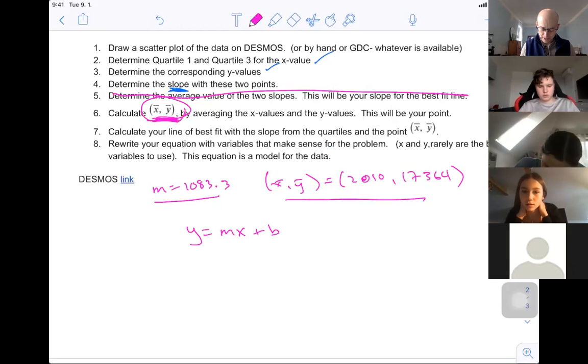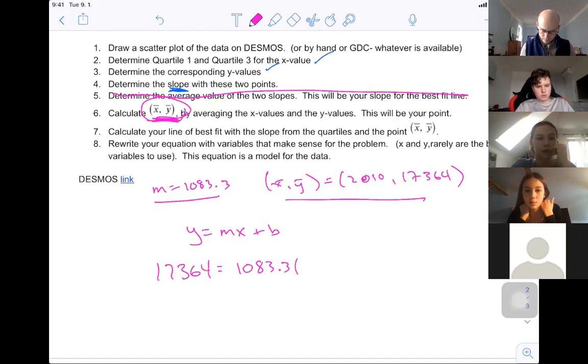Tell me what to write and I'll write it. Okay, so we take 17,364 as y is equal to 1083.3, and then in parentheses we put 2010, closing parentheses, plus b, and then we just solve for it.